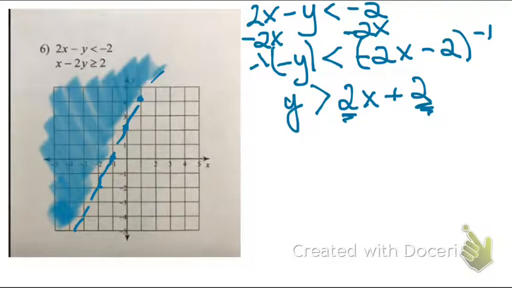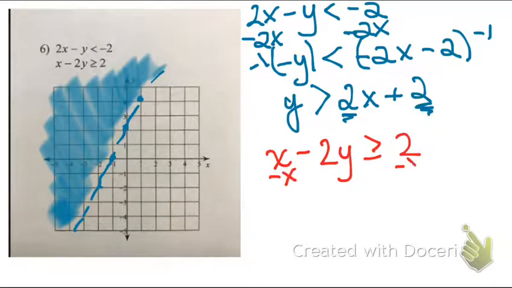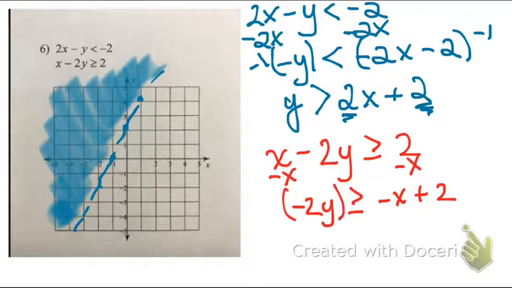Okay, so let's do our second inequality because we're looking for solutions in these systems. I have x minus 2y is greater than or equal to 2. I'm going to subtract x from both sides. So I get negative 2y is greater than or equal to negative x plus 2. I'm going to now multiply both sides by negative 1.